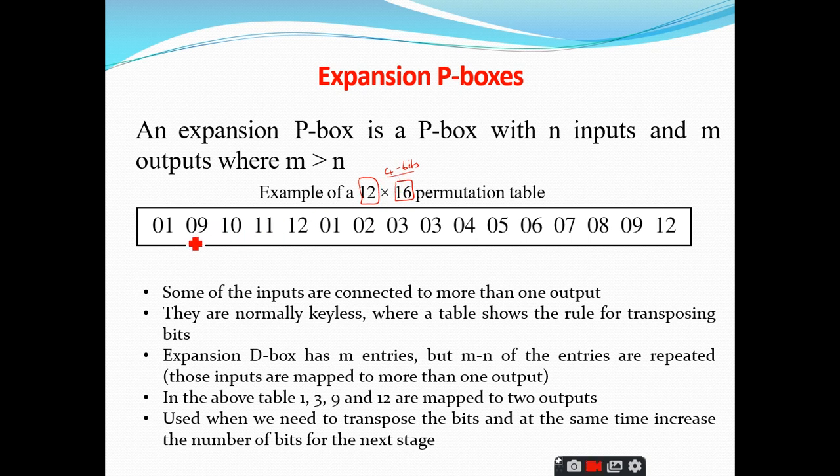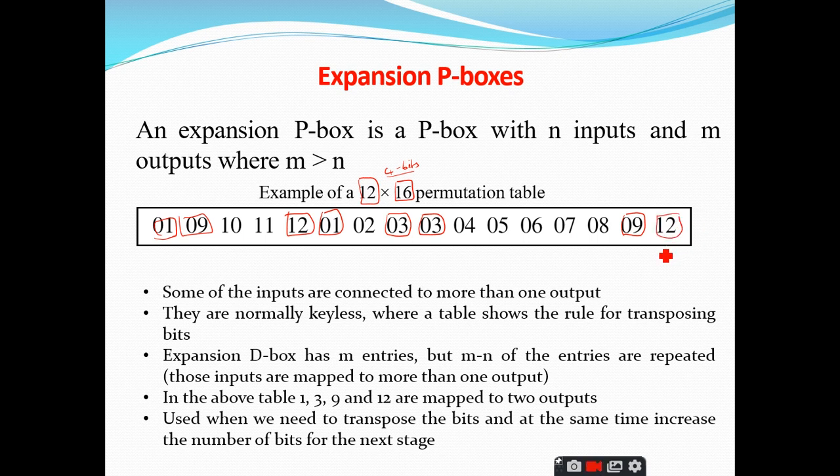If you consider this permutation table, you can observe that 1 is mapped 2 times, similarly 3 is mapped 2 times, 9 is mapped 2 times, and finally 12 is mapped 2 times.